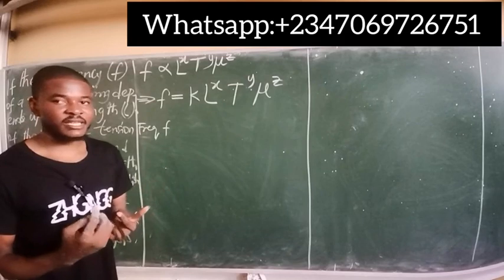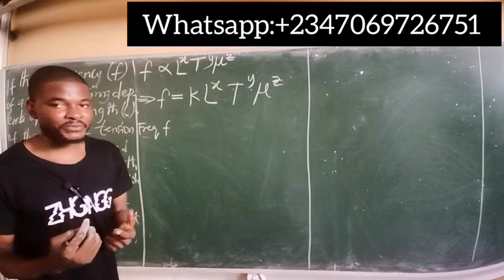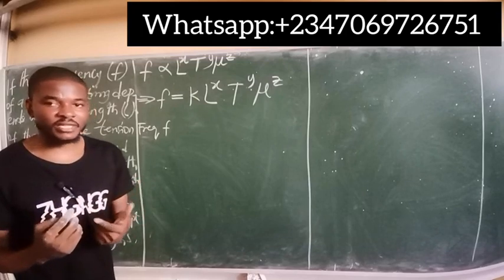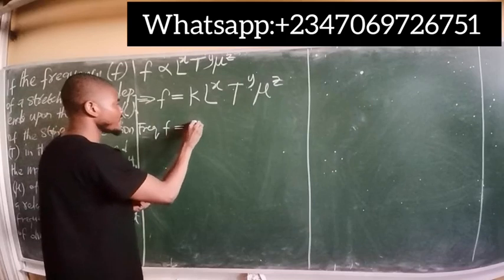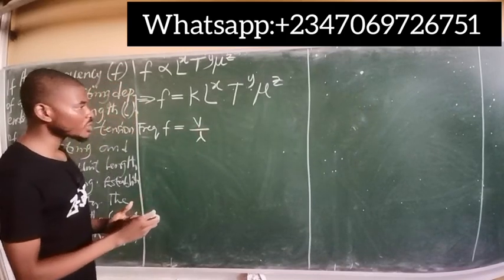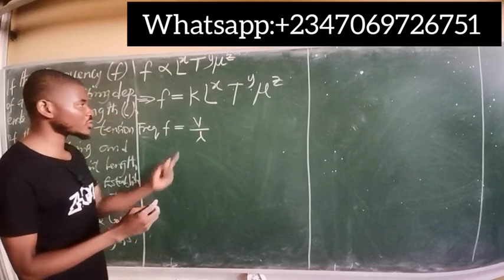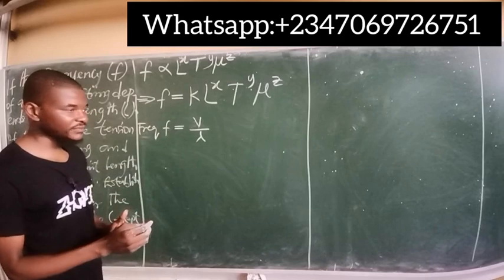The unit of frequency is hertz, but if you know the formula for frequency, you can then write the dimension. But the very best way is to write from their units. Now we know that frequency is velocity all over wavelength, lambda. So we can find the dimension of velocity and the dimension of wavelength, and that gives us the dimension of frequency.